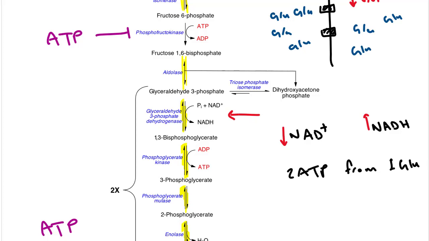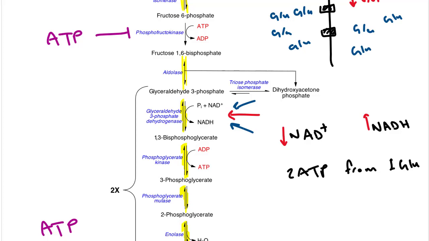So the problem is, as glucose goes through and glycolysis is happening, this reaction that we were pointing to is also churning. This reaction is constantly taking NAD plus and reducing it to NADH, to the point that if glycolysis was the only thing available to the cell, you will run out of NAD plus.